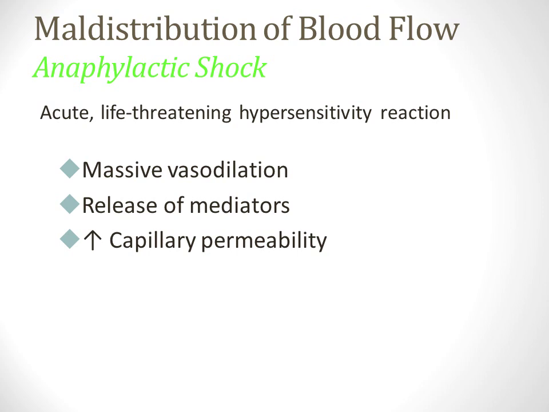We have massive vasodilation, and those things can lead to vascular collapse. One of the things that's unique about anaphylactic shock is that it also causes severe bronchospasms, and those severe bronchospasms compromise the airway and can lead to a stridor and wheezing.